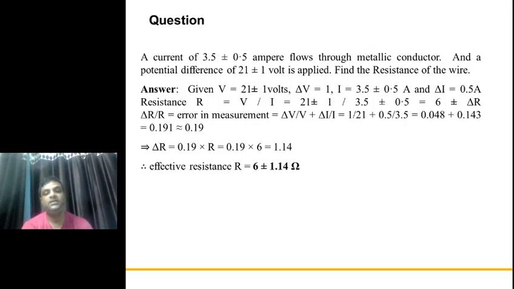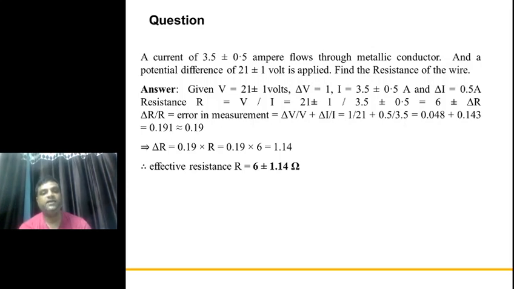So delta R is 0.19 into R, and R is equal to 6. So delta R equal to 1.14. R we can easily calculate as 21 divided by 3.5. So we got 6 plus minus delta R. In this way we are able to find the resistance of the wire.